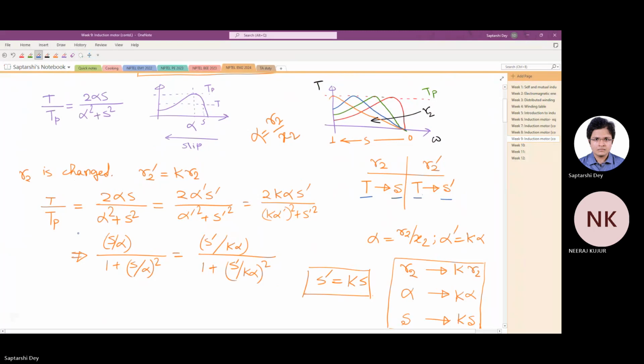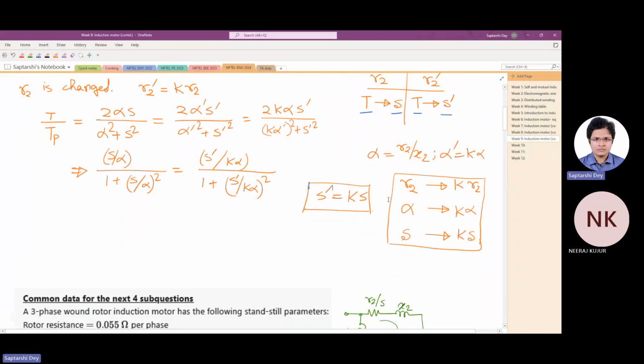To do that, we are finding out T by Tp for both the cases. Since Tp is the same, the peak torque is the same, and we are trying to find the slip for the same value of torque, these ratios are the same. So we can write 2 alpha S by alpha squared plus S squared for the previous case, and alpha prime S prime for the new case. All we know is, since R2 prime is k times R2, alpha prime is k times alpha. On simplifying, we get S prime is kS.